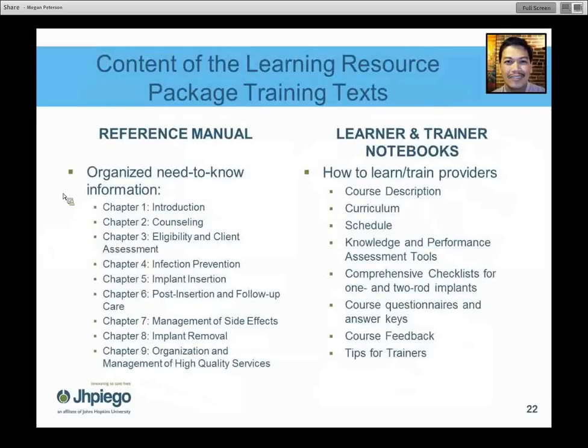So the reference manual is organized in terms of need-to-know information. We have chapter 1 providing a wide overview of information about what's out there in terms of implants. And then chapter 2, we have counseling, and then eligibility and client assessment for chapter 3, infection prevention for chapter 4, and then insertion, post-insertion, and follow-up care for chapters 5 and 6.